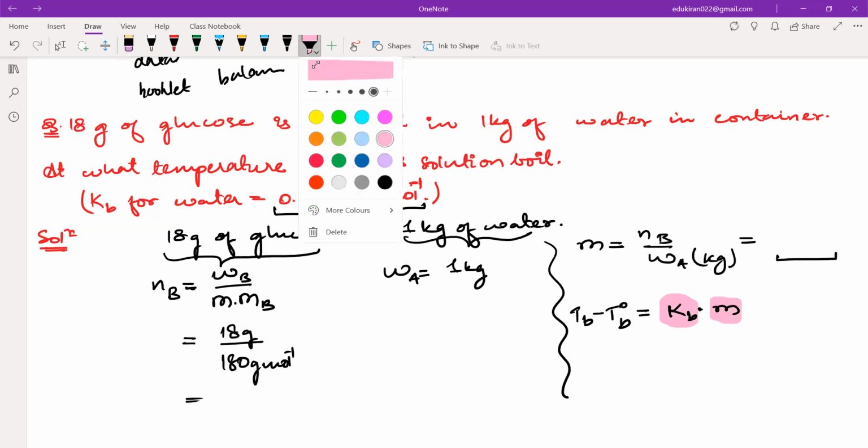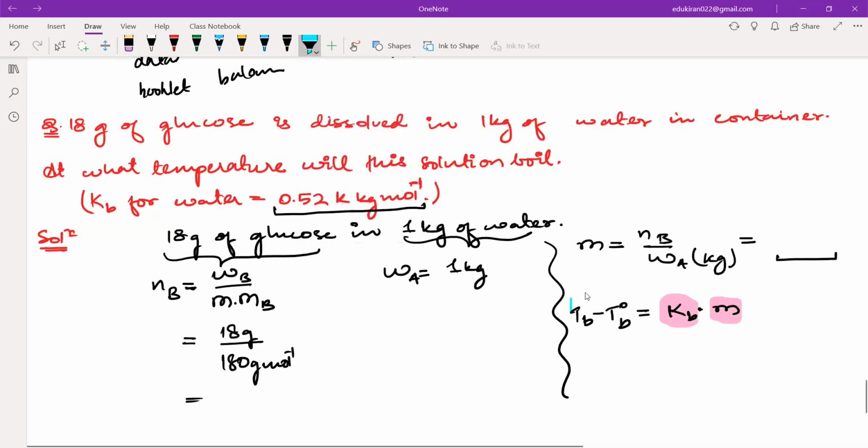KB is given, and we have to determine the value for TB, है ना? जो solution का आपका boiling point होगा. अब ना तो T not B दिया है सवाल में, ना ही आप उसको कैलकुलेट कर सकते हैं कहीं से, है ना? मोलालिटी को यूज करके. नाउ आई एम आस्किंग व्हाट विल बी द वैल्यू फॉर T not B, है ना? एक इक्वेशन में दो वेरिएबल तो होंगे नहीं, है ना? यू कैन नॉट फाइंड TB एंड T not B आल्सो. सो व्हाट विल बी द वैल्यू फॉर T not B, ये फाइंड करना है. आप लोगों को सबको पता है.